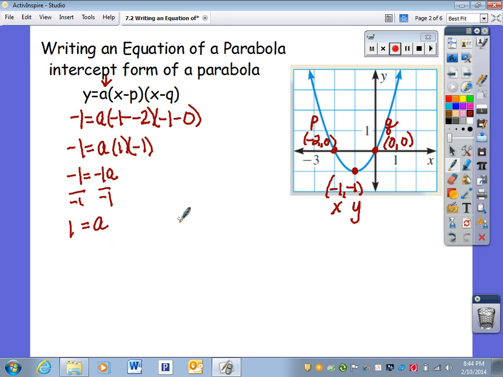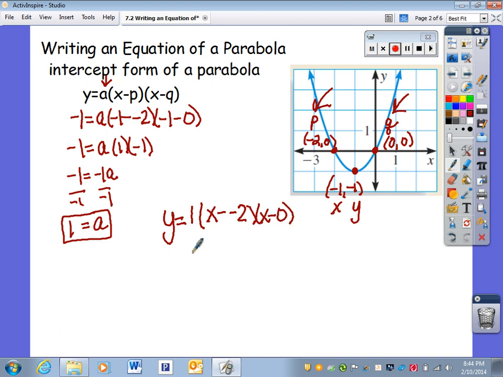Now to write the equation of the parabola, we're simply going to substitute in the a value and the p and the q, leaving the x and y as variables to represent the entire parabola. So to write the equation, we have y is equal to a, which is 1, times x minus p, which is minus a -2, and x minus 0, which is our q value.